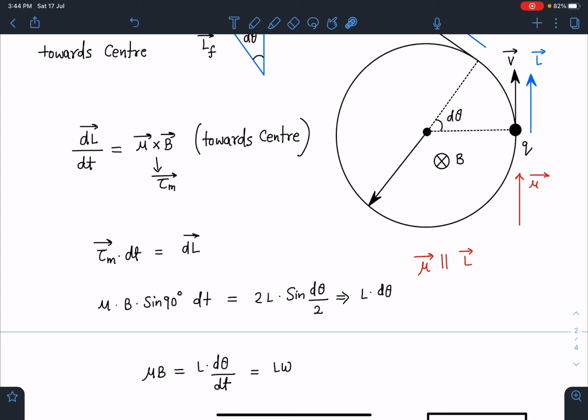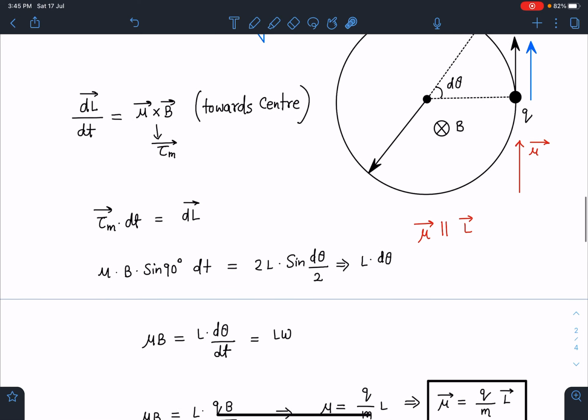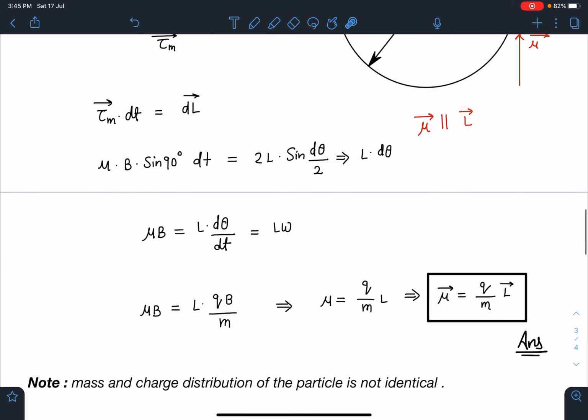So from here, for the torque on the particle, I can write mu B is equal to L d theta by dt, like it is the same derivation we have in circular motion in the acceleration calculation. So here this will become L omega. Now we can substitute: mu B is equal to L omega, and omega was qB by m for moving in the circle, so B and B get cancelled. So mu comes as q by m times L, or vector-wise I can write vector mu is equal to q by m times vector L.